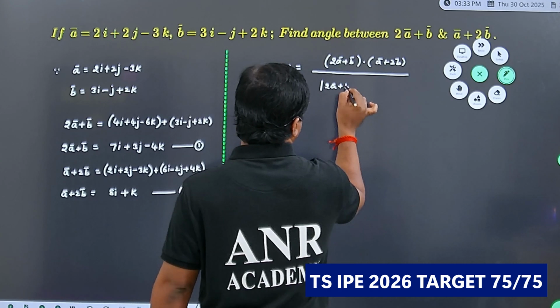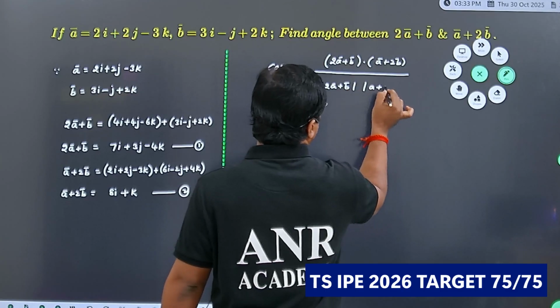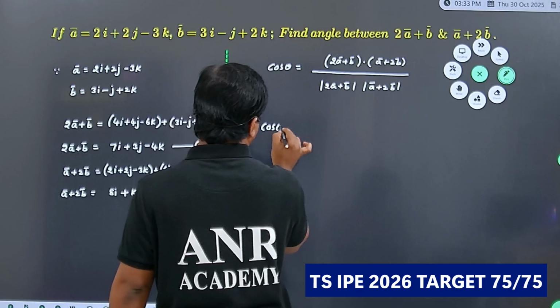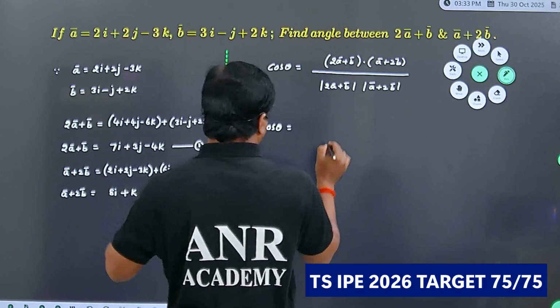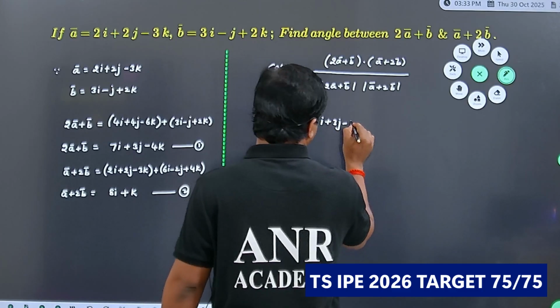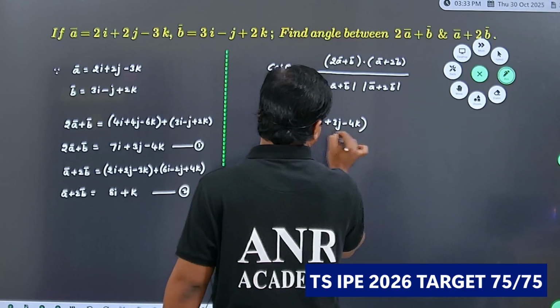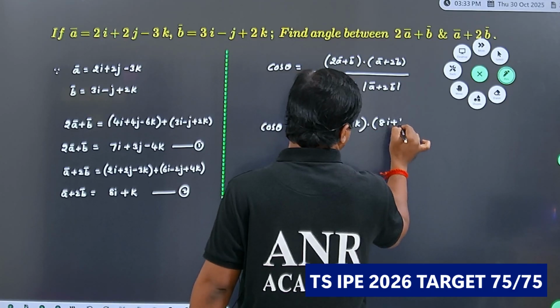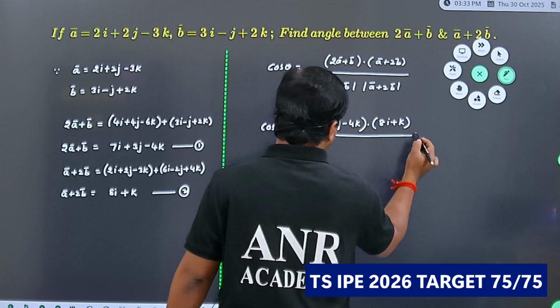Modulus 2a plus b, modulus a plus 2b. Yes, now I am going to write cos theta. You have 7i plus 3j minus 4k dot product with 8i plus k.